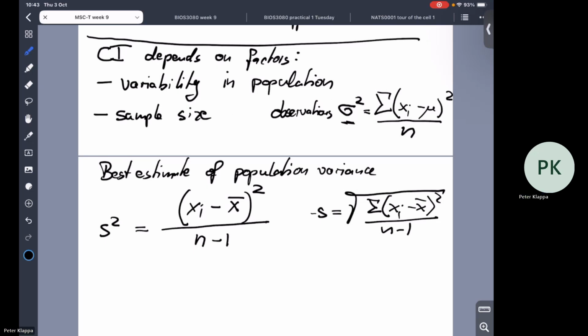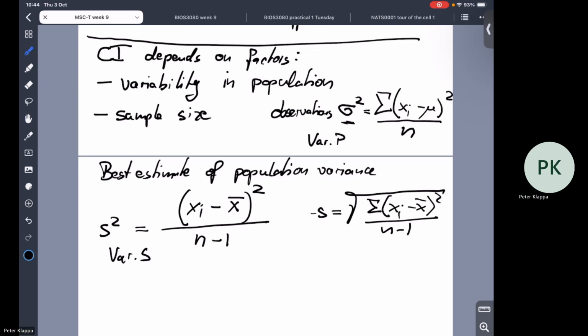In Excel, you can use that as var.p, whereas this one here would be var.s in Excel. Have two functions in it. Both functions have totally different meaning. One is the variance of the observations. The other one is the estimated variance of the population. Make sense?